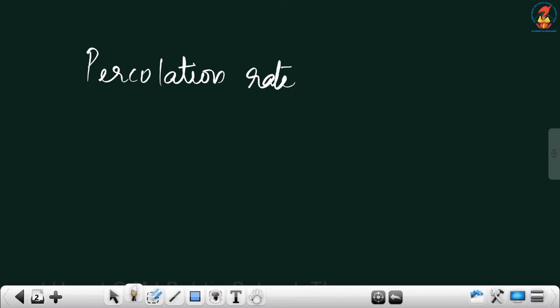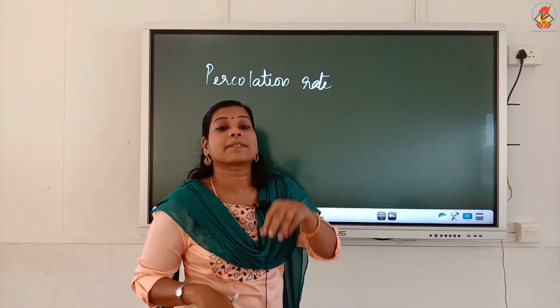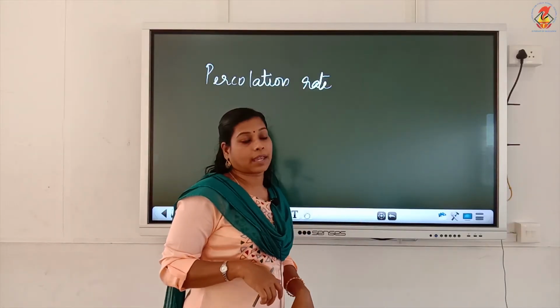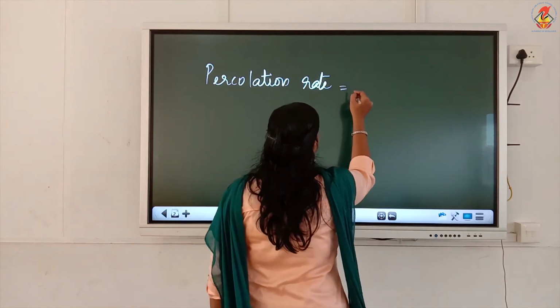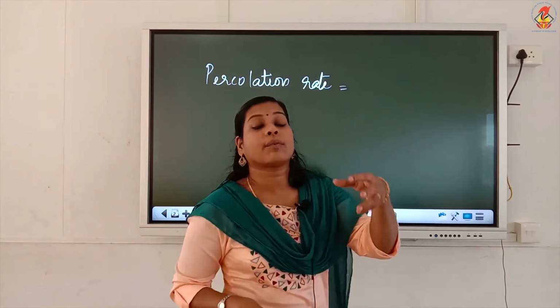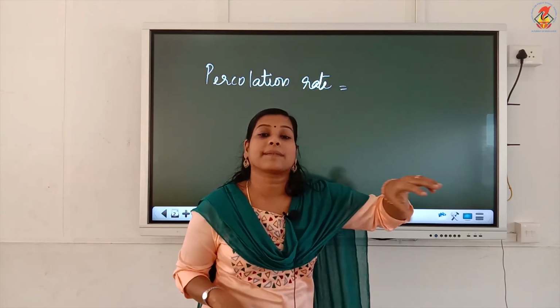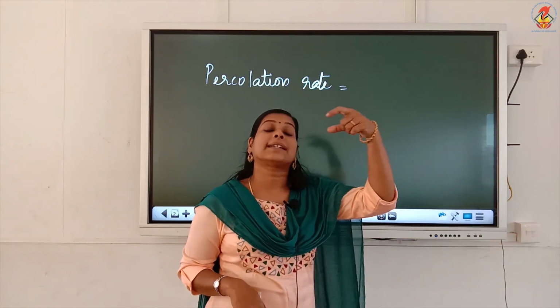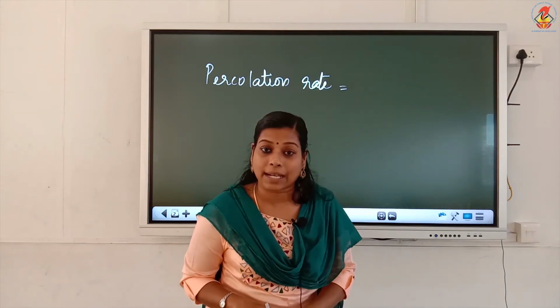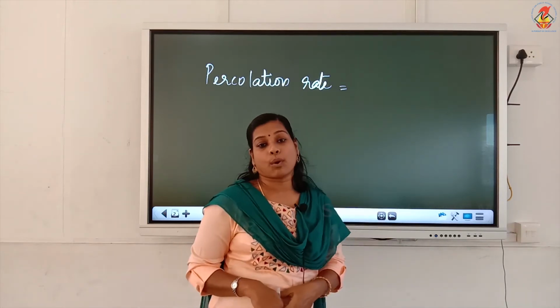Percolation is the seepage of water, the going down of water between the gaps of the soil. Suppose we pour 200 ml of water on different types of soil, and we calculate the time taken for that water to seep.